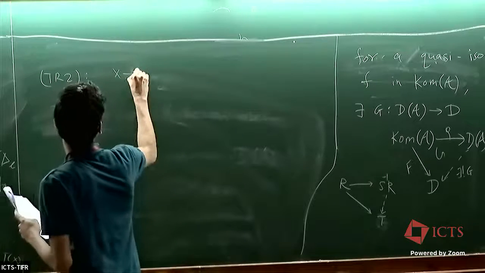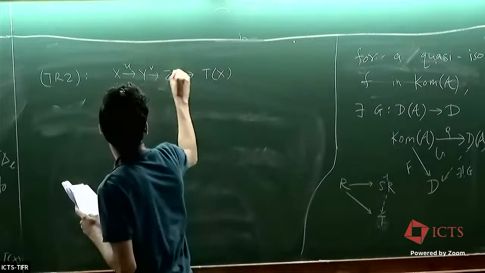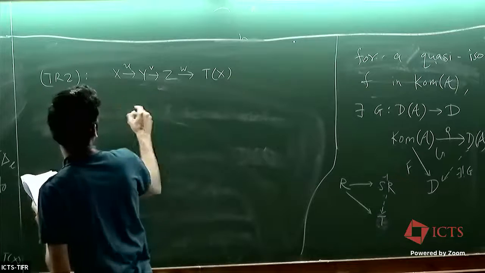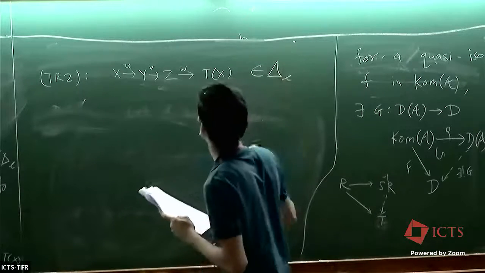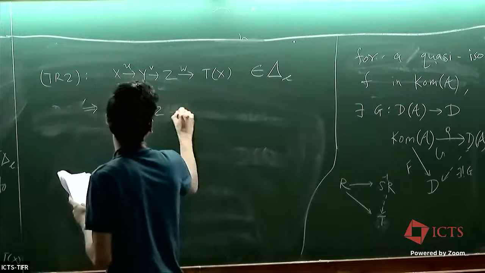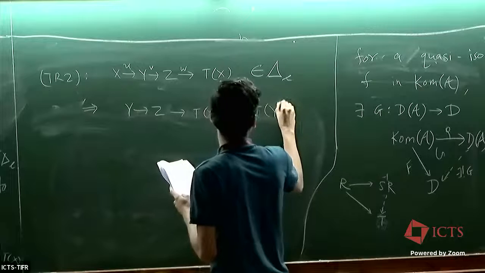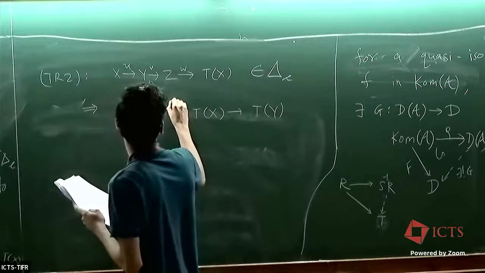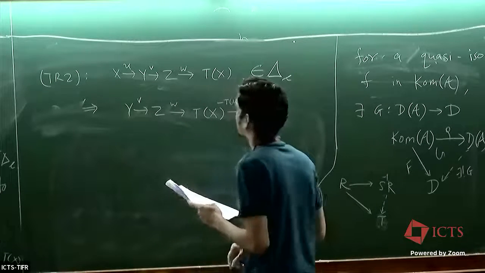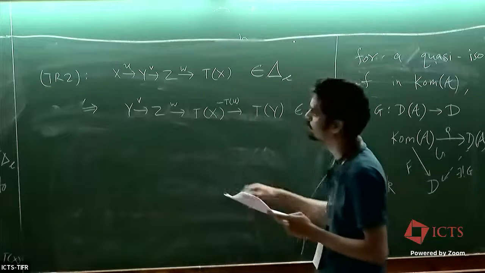Second axiom is that suppose you have a triangle with maps U, V, W. So if this is a triangle in that collection, then it implies that Y to Z to this should belong to that collection.